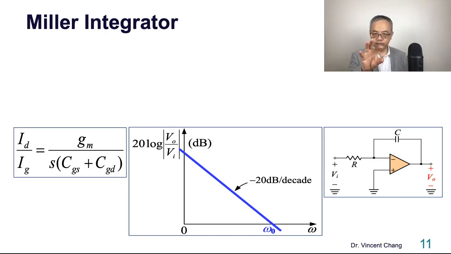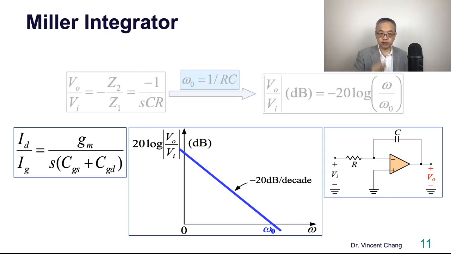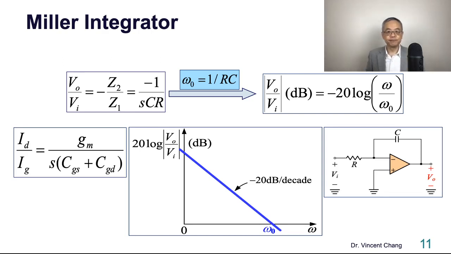So the closed loop transfer function, look at your right. The closed loop transfer function is negative Z2 on the top divided by Z1, which is now a resistor like this. So then the magnitude of the transfer function, pay attention to the absolute sign.